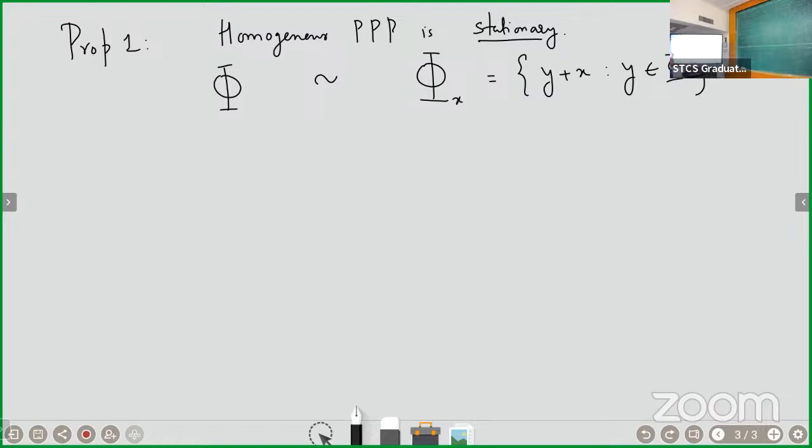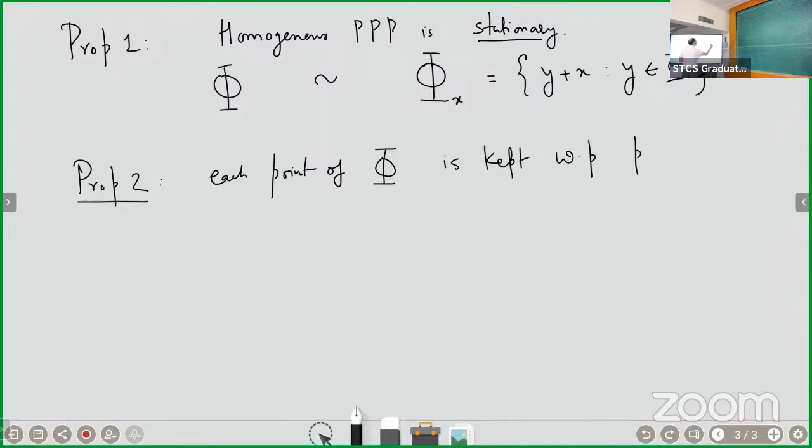So you can do it if you want. This is more interesting. You prove it after stating a theorem. Each point of P is kept with probability P and removed otherwise, independently.